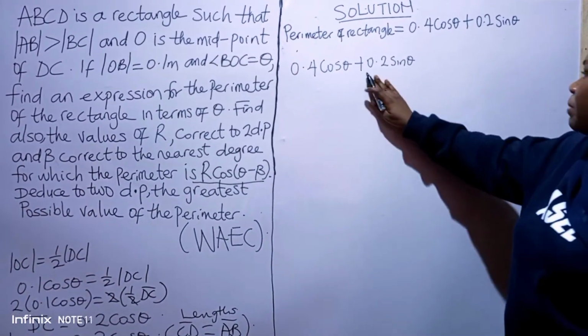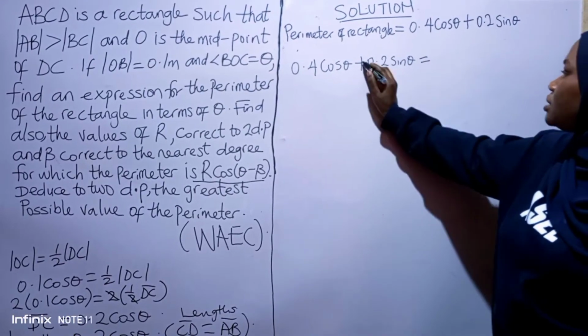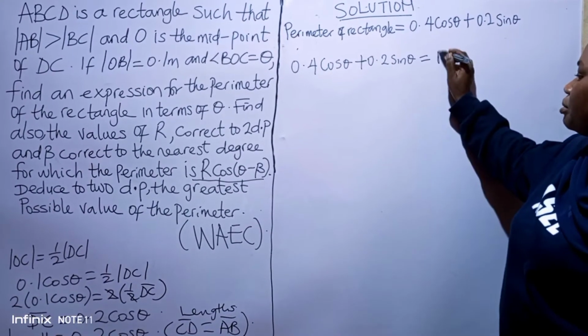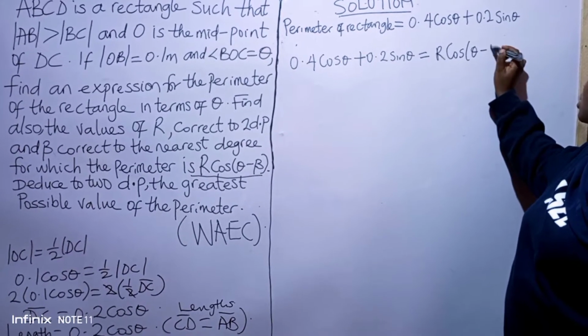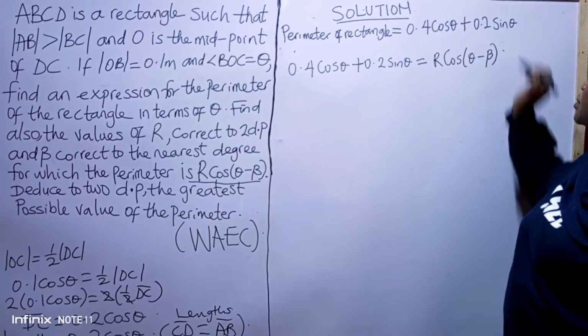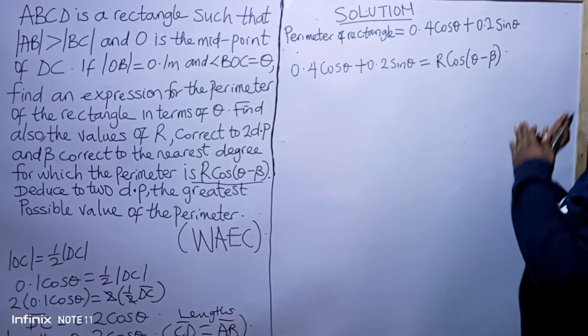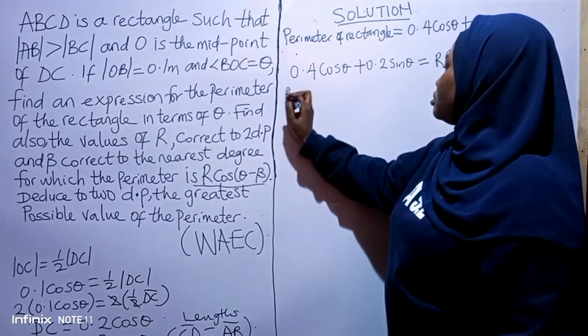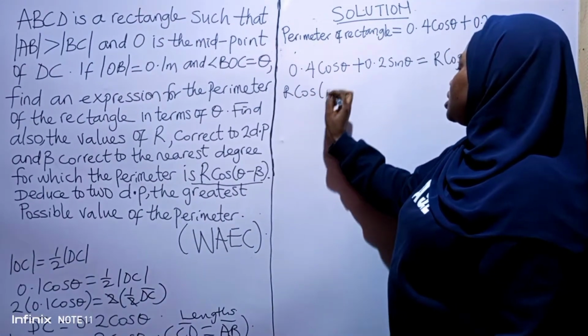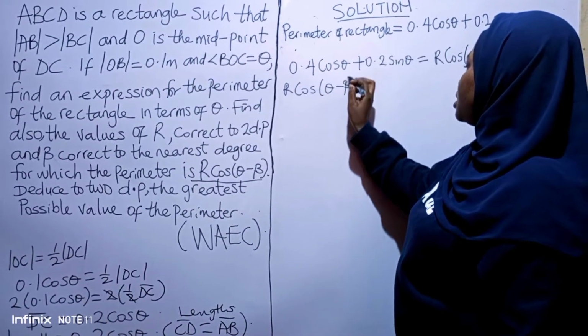So we can now say that this perimeter is the same thing as R cos(theta minus beta). Now, let's focus on the right hand side, which is R cos(theta minus beta).